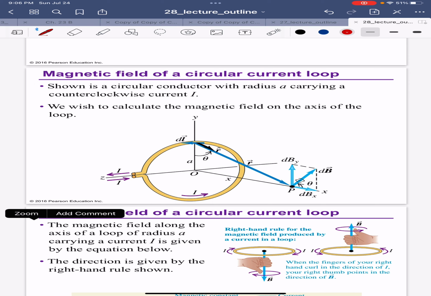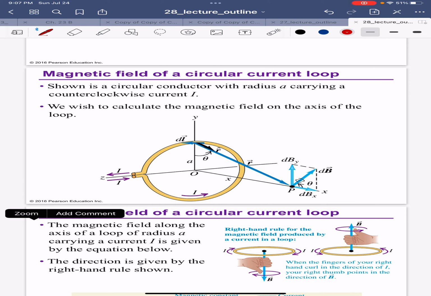It depends, of course, on the radius of the loop itself, and on the current going through the loop as well.